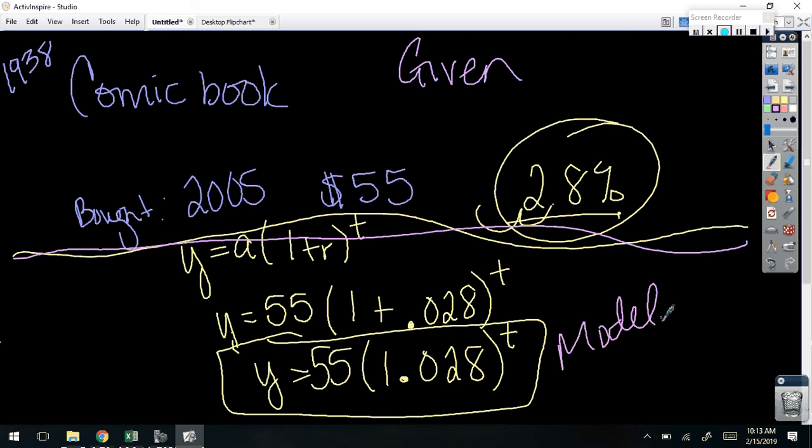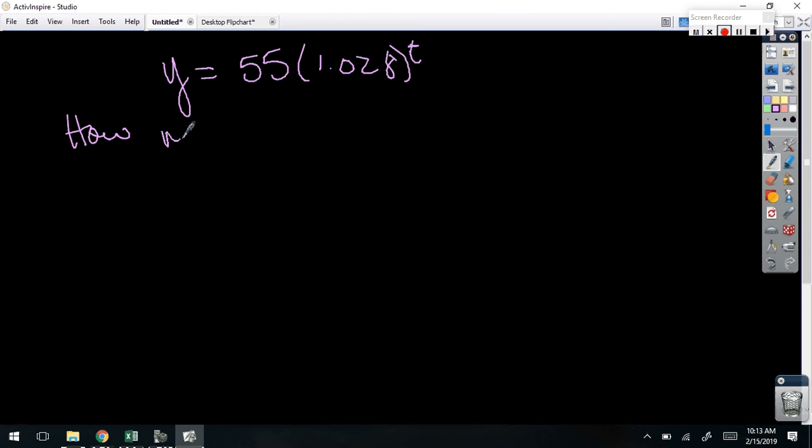Now, what if I said, use your model? So my model is y equals 55 times 1.028 to the t. Use your model to estimate how much your comic book will be worth in 10 years.